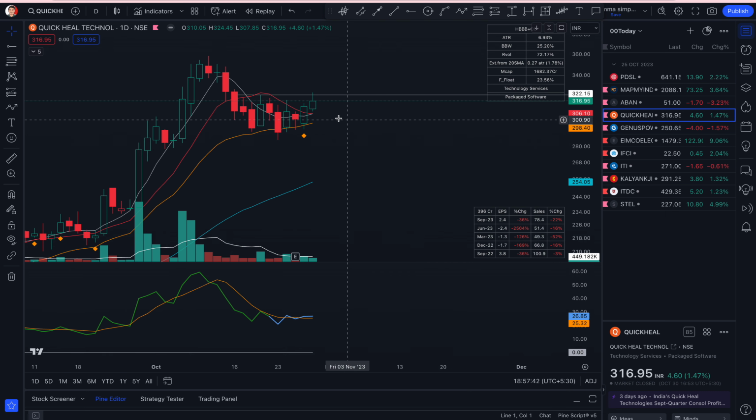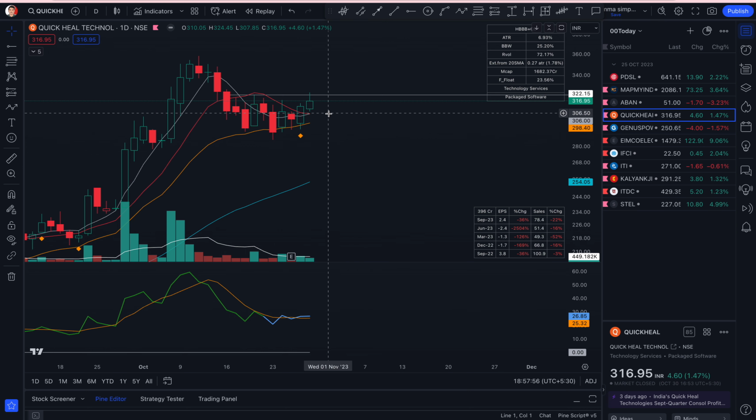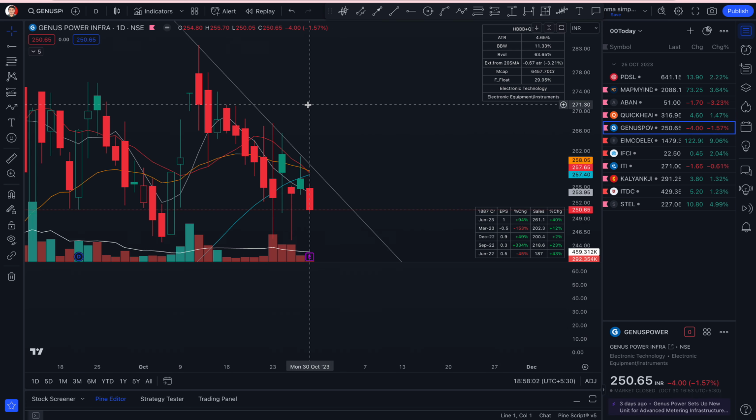One could argue that Quick Heal Technology was a buy today, or maybe we can wait above this. In any case, entry today would have been sort of an anticipation kind of entry.